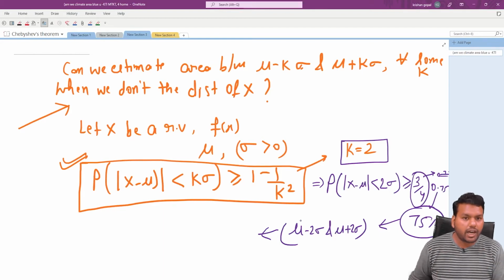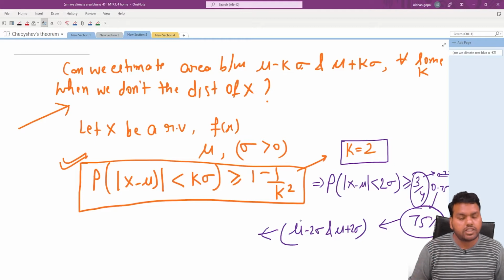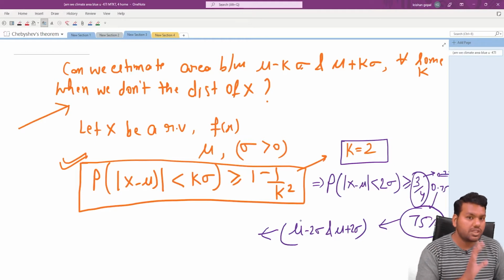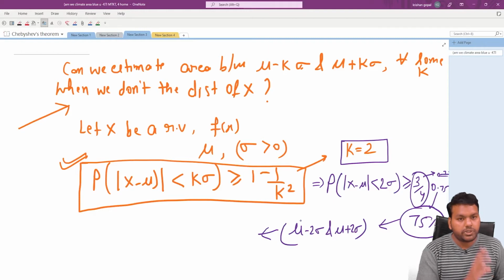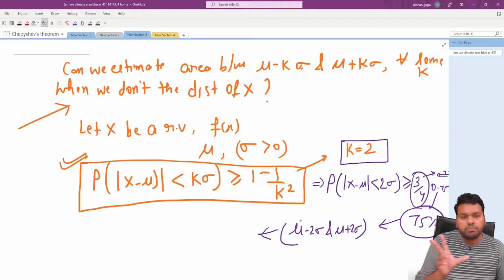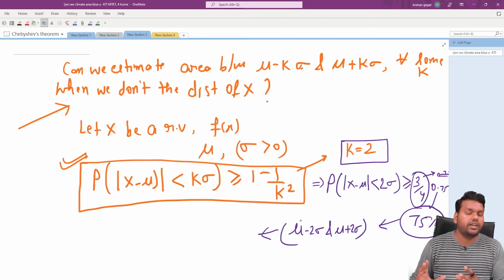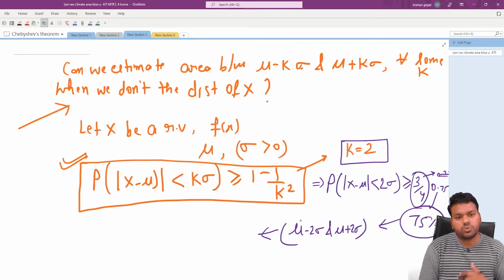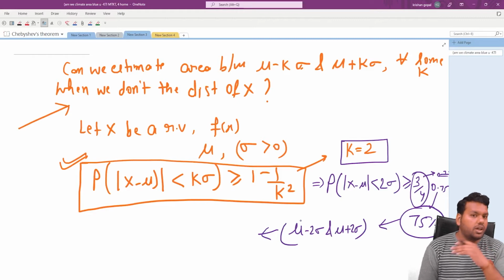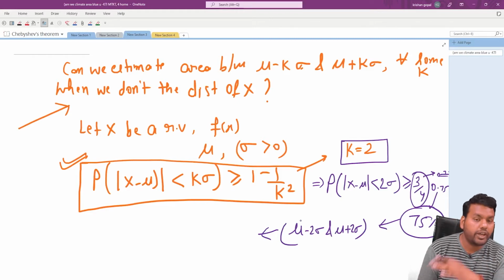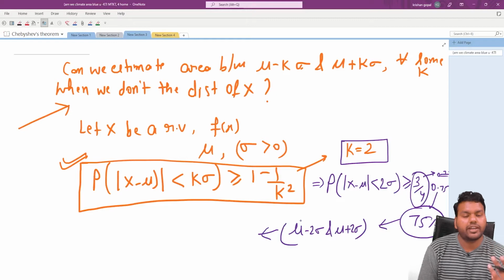To detect outliers when we have no idea about the distribution, we can use the Chebyshev inequality, because it will tell you what percentage of your values lie within this number of standard deviations.